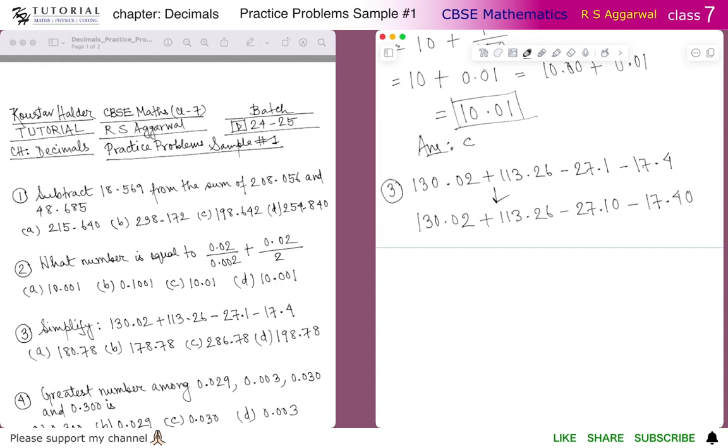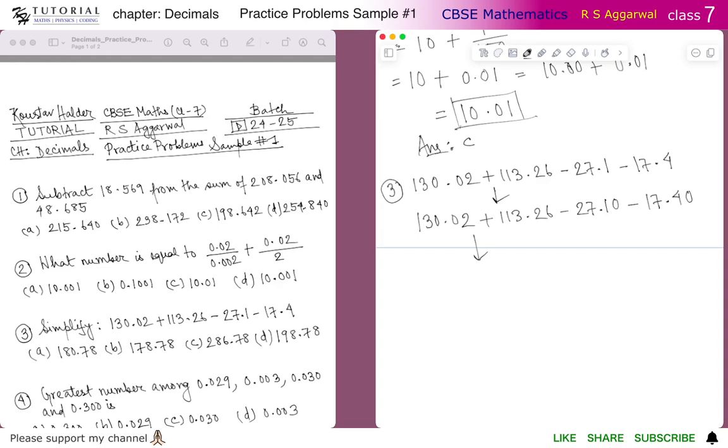Now if you have watched the videos on addition and subtraction of decimals, I hope it was in class number 3. Over there I explained that if you are asked to simplify an addition and subtraction of more than one decimal, then you first collect all the positive decimals at one place and all the negative decimals at another place.